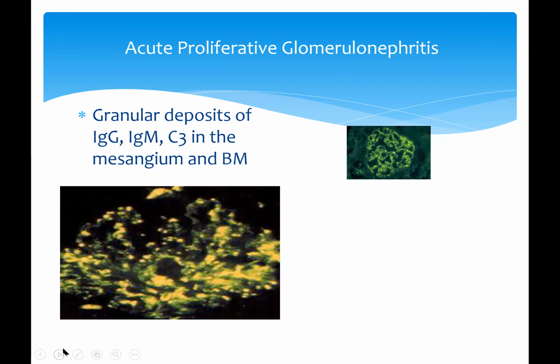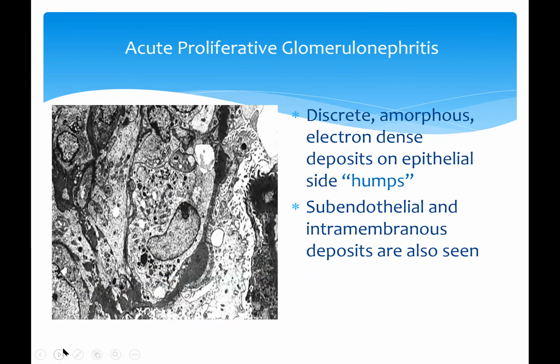And when you look at it under electron microscopy, characteristically, they will be depositing as hump-like deposits, subepithelial side. It may also be subendothelial or intramembranous deposits of complexes.